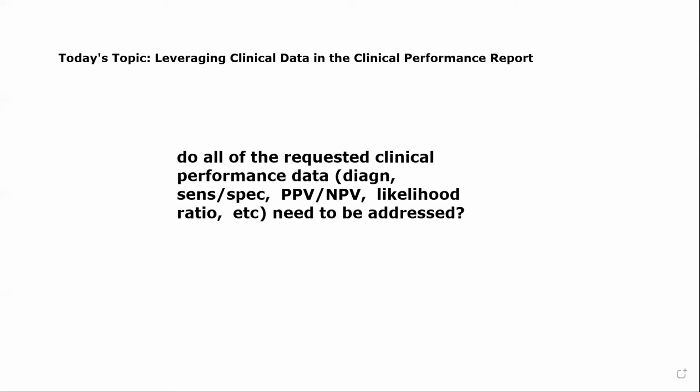In some cases, those particular objectives are not quite as commonly used depending on the field. So I think it goes back to using the clinical practice guidelines and that competitive landscape to help you justify which of these clinical performance data you've identified as being the most relevant.